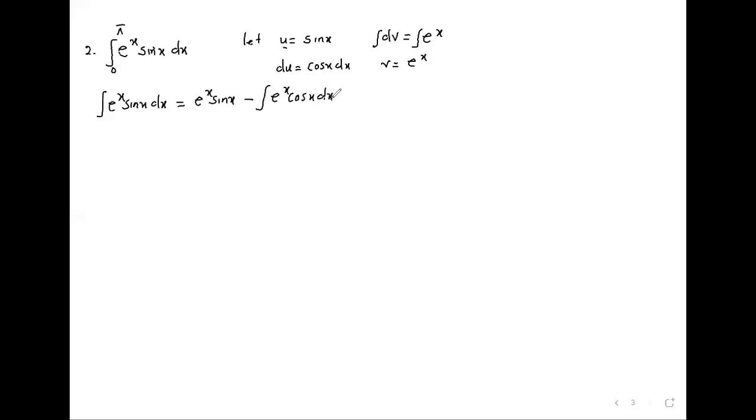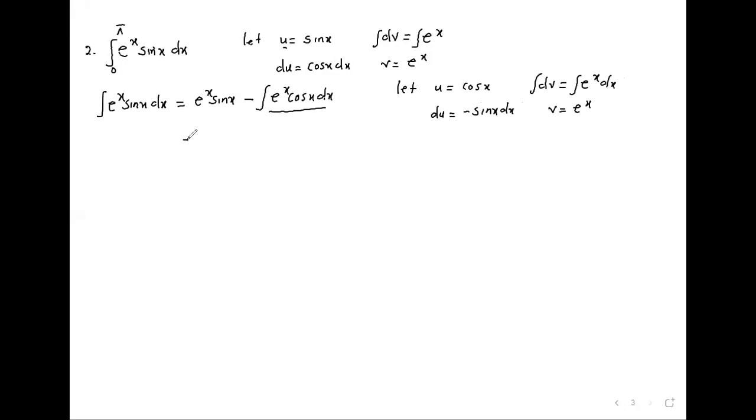Again, we have seen that this requires another by parts. So you perform it, you let u be cos x and dv be e to the x dx. Differentiate, get du is equal to negative sine x dx. Integrate, you get v is equal to e to the x.